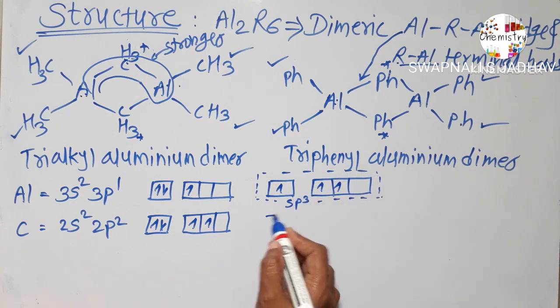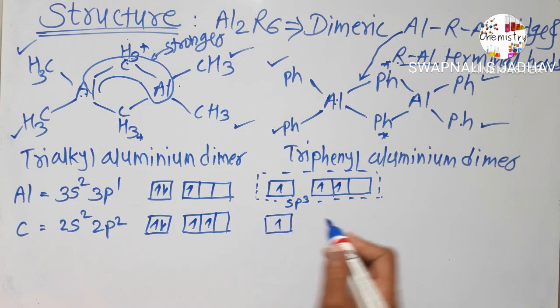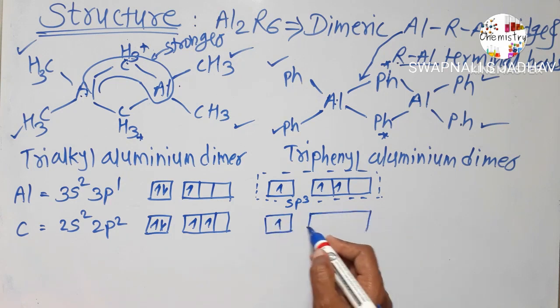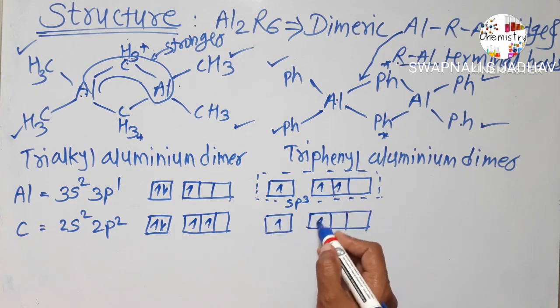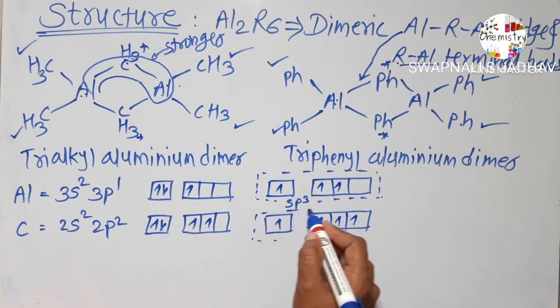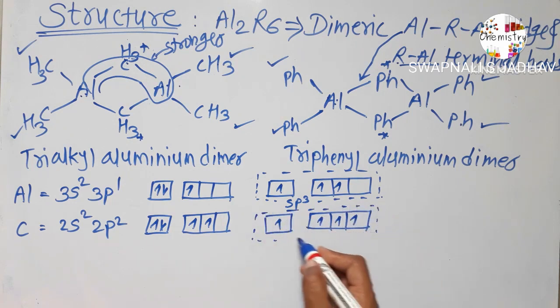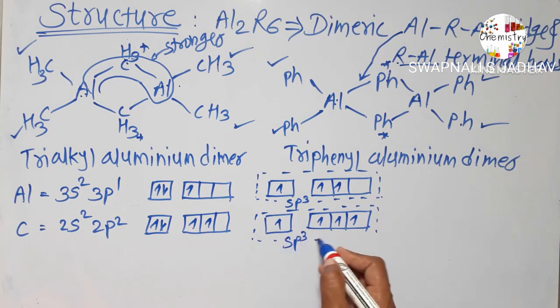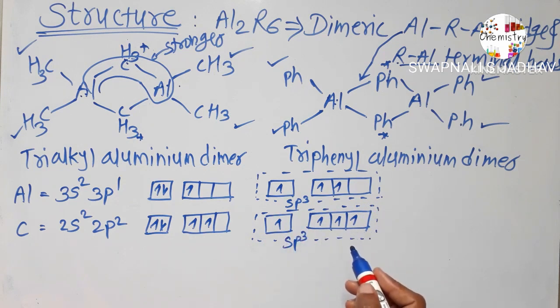And for carbon, the 2s electron is excited to the 2p orbital, so the electronic configuration becomes 2s1, 2p3, and it also undergoes sp3 hybridization.